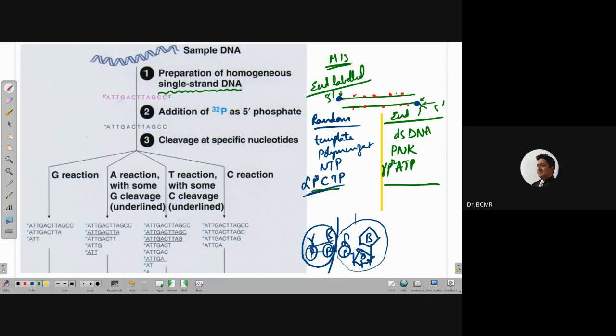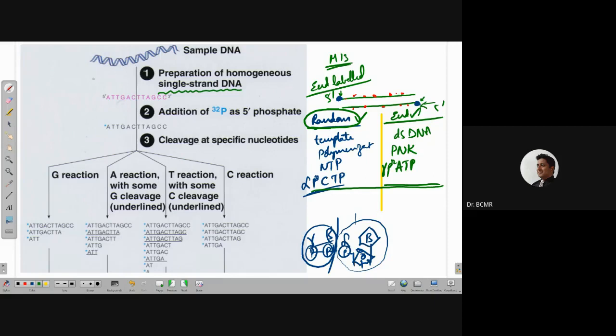Okay. So I hope you understood that. One important question to ask is, when do we choose to have random label? When do we choose to have end labeling? Whenever the thing you want to detect is in very, very minute quantity, then people will choose random labeling.